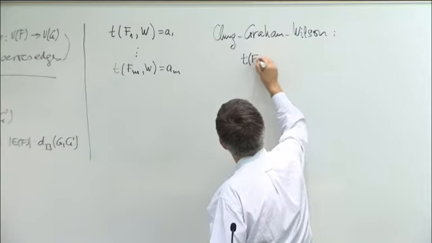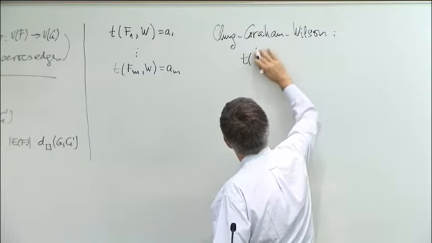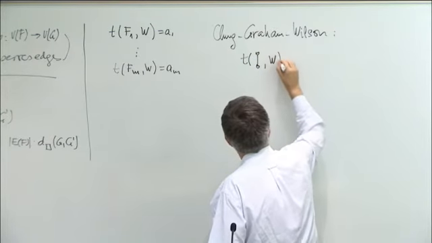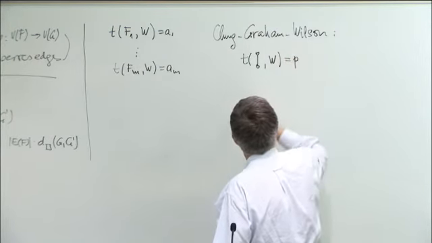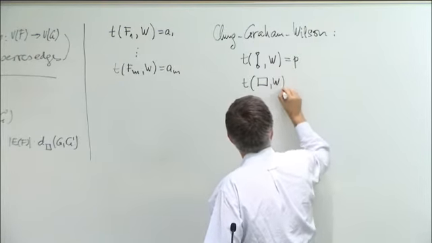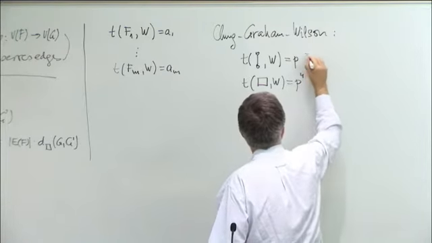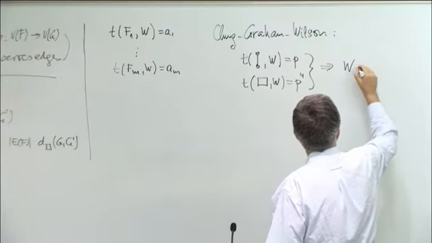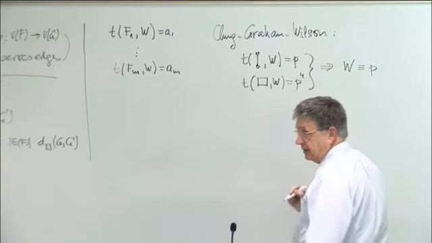If the density of, maybe I just draw it, an edge in W is some P, and the density of the fourth cycle in W is P to the fourth, then this implies that W is identically P.